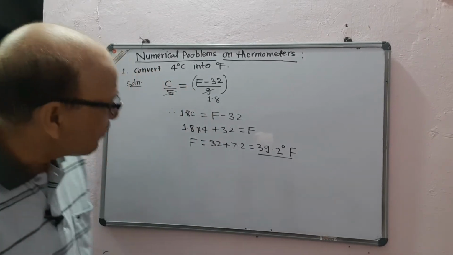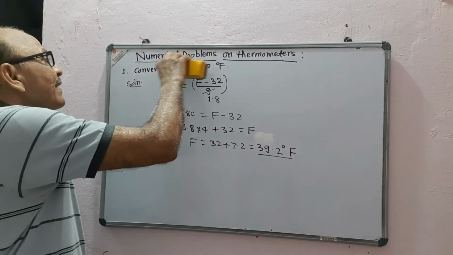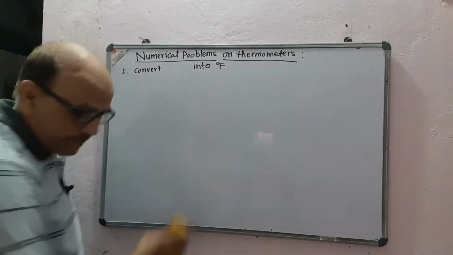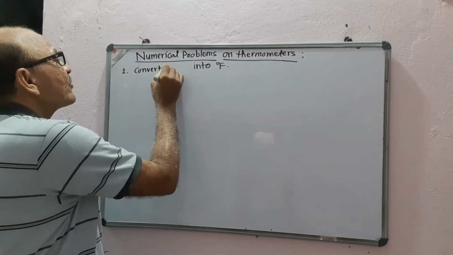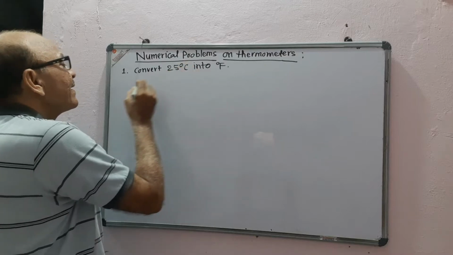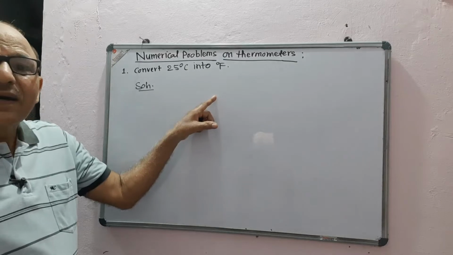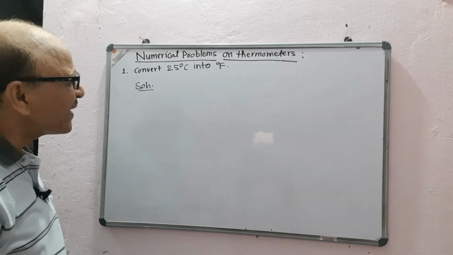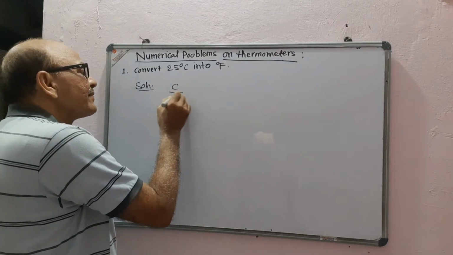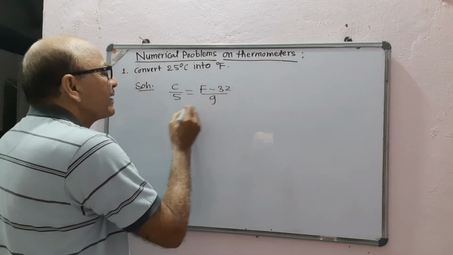Next question, question 2. Convert 25 degrees Celsius into Fahrenheit. Now, as in the last question, you can write C upon 5 is equal to F minus 32 upon 9.